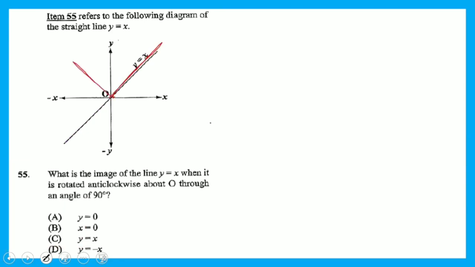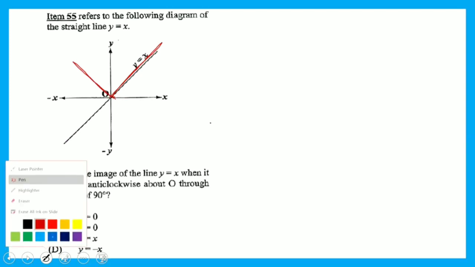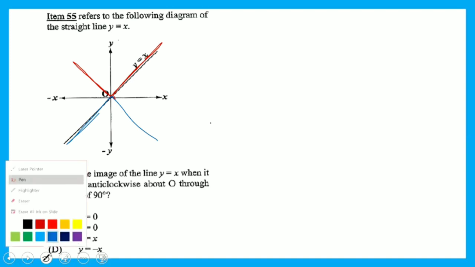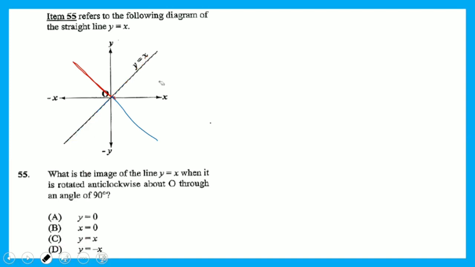We'll end up here, and this piece will end up here. It's 90 degrees and you're going anti-clockwise. And that is the line y equals negative x.